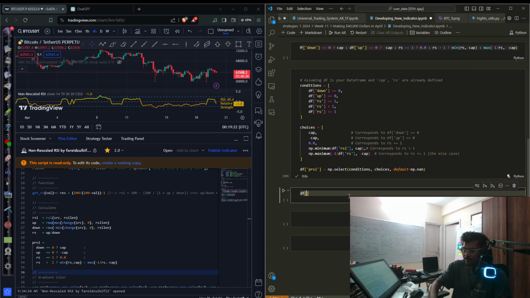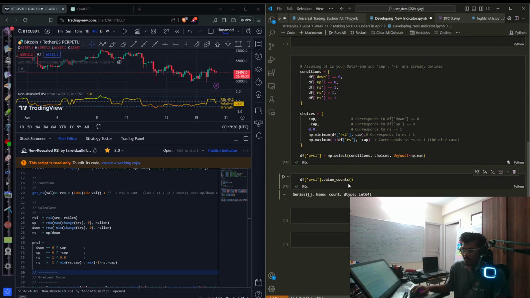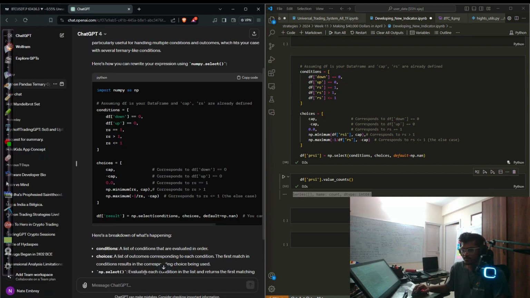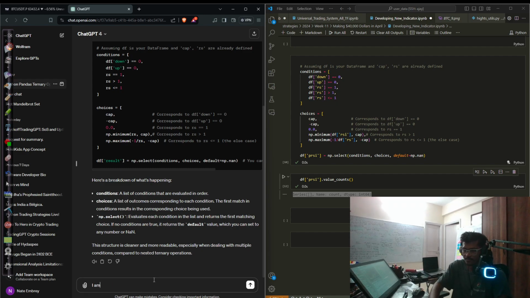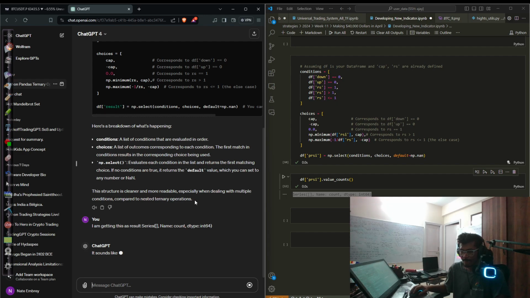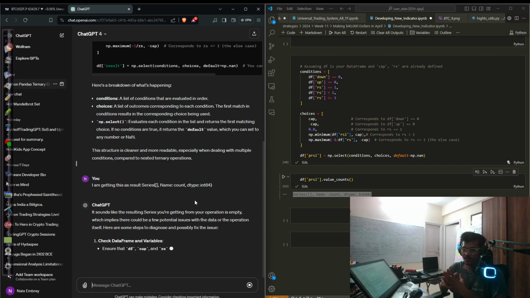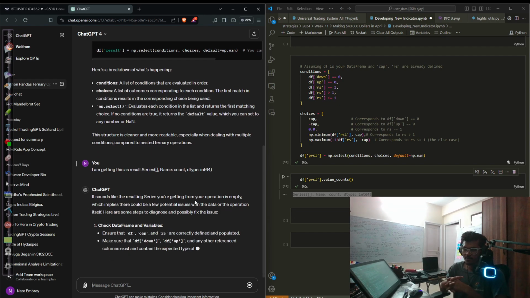All right, we got the PRSI. What? Nothing? I am getting this as a result. The operation is empty, which implies there could be a few potential issues with the data or operation itself.